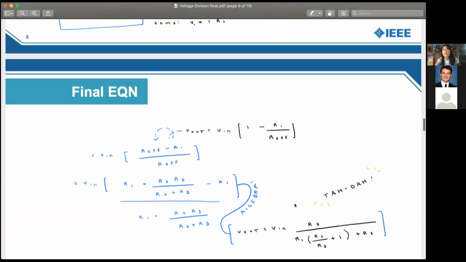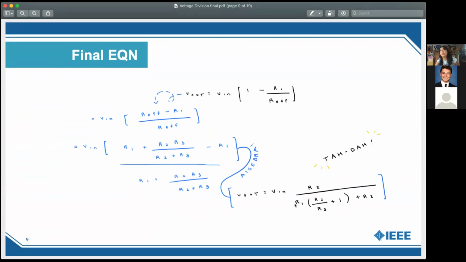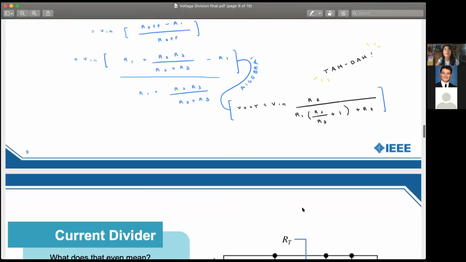Eventually you get to this formula, which is a bunch of algebra, and that's the formula you would use. So it'd be VL is equal to Vn times R2 over everything else. I wasn't going to go too in depth into the derivation. It's mainly about the end product, but the slides will be posted for later review if required.